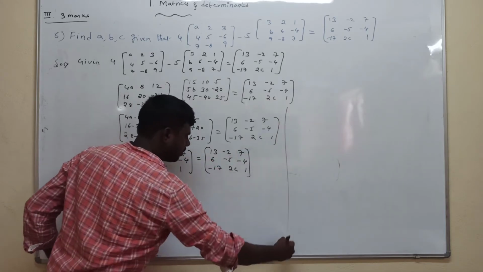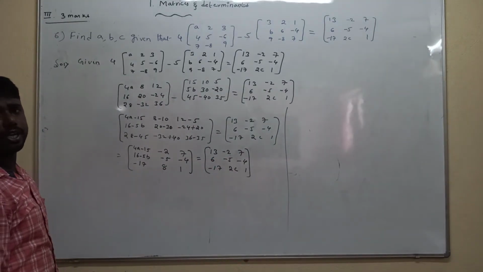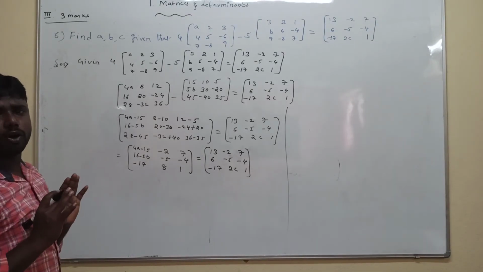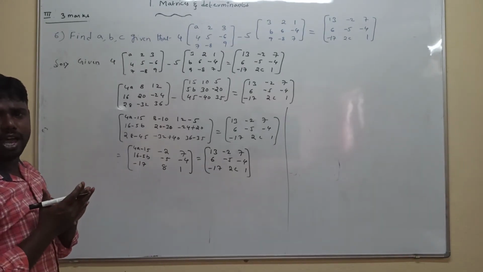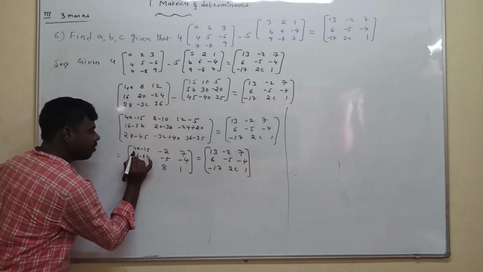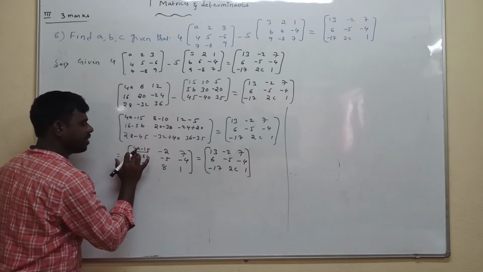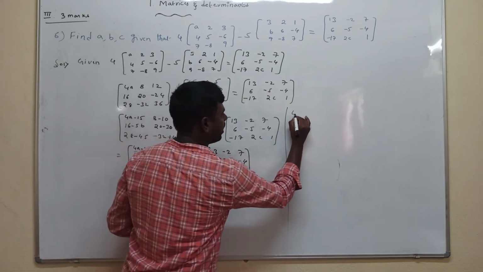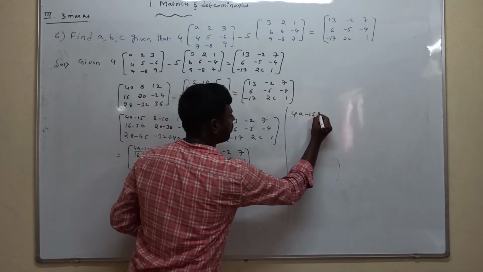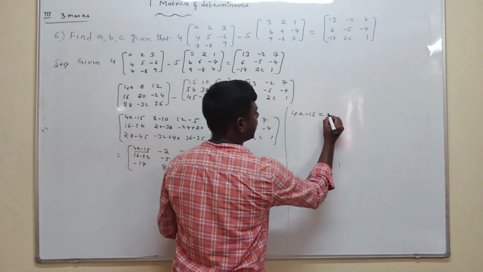Observing here, those two matrices are equal, corresponding elements are equal, but our total focus is only on the a value, b value, c value. First, equating: where is a? First row, first element, so first element is equal to first element. What is the first element here? 4a minus 15 is equal to the first element here, 13.